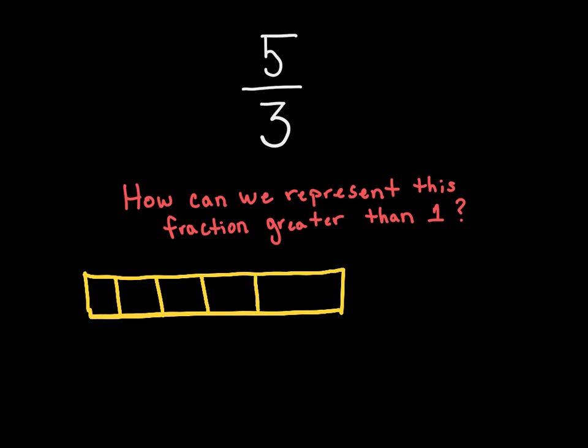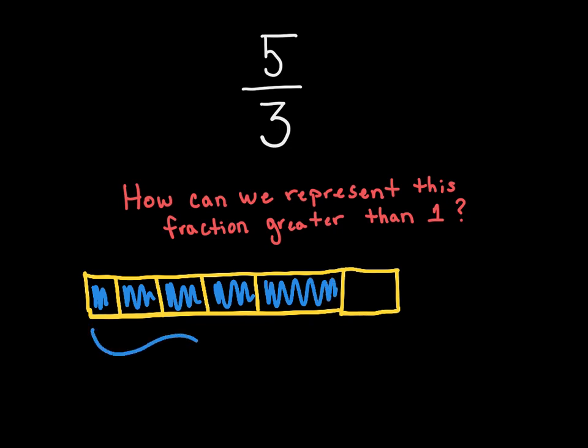And then we have an extra one here. So we've got 1, 2, 3, 4, 5, 6. So now how much are colored in would be 5. 1, 2, 3, 4, 5. And this, my friends, would represent 5/3.